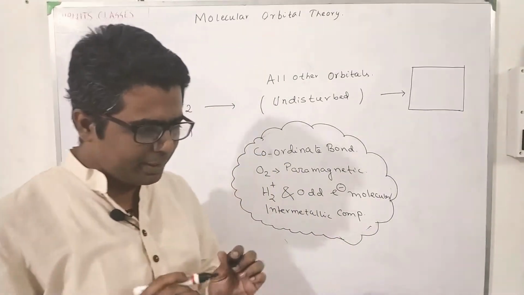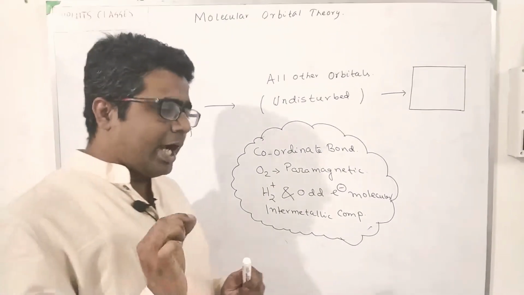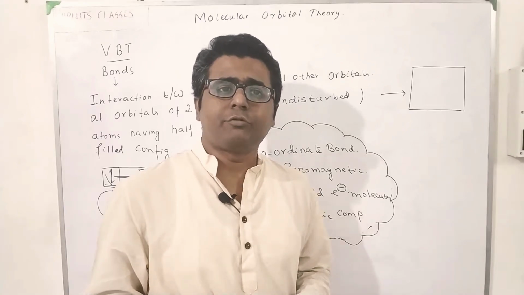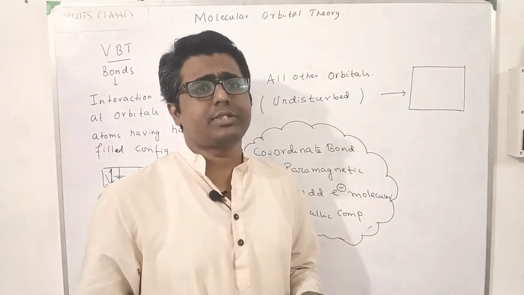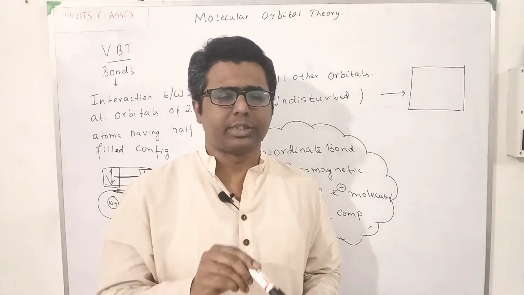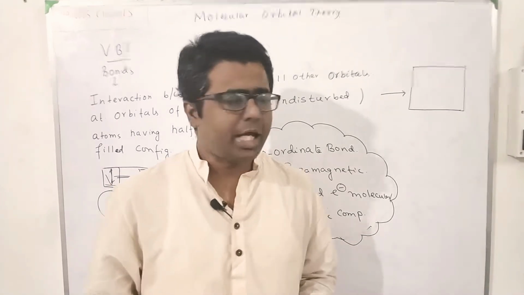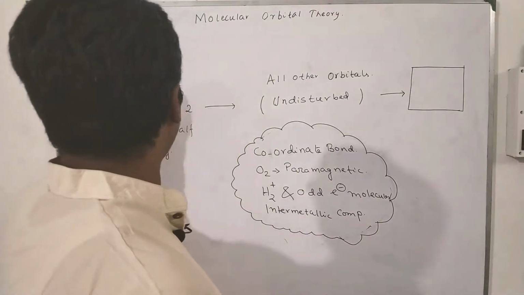So in simpler words, not only the atomic orbitals taking part in the bond formation are interacting in this total process, somehow the other atomic orbitals are also involved, and that is what the valence bond theory doesn't say.